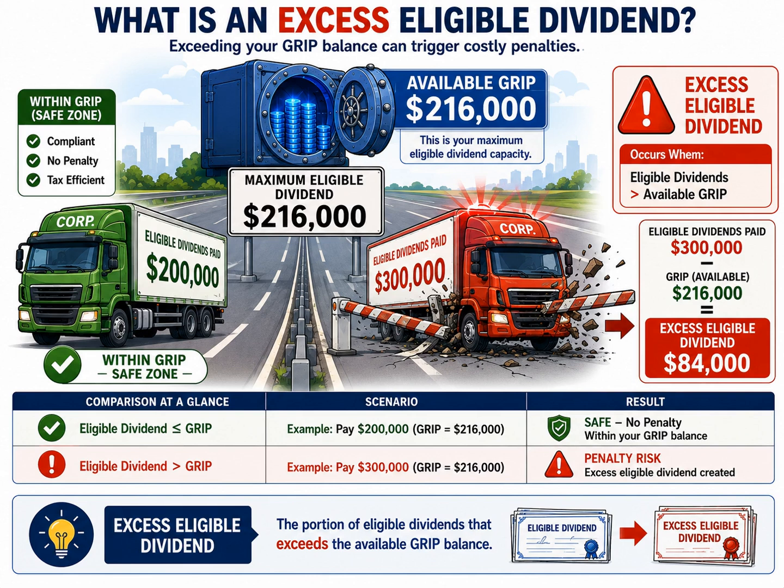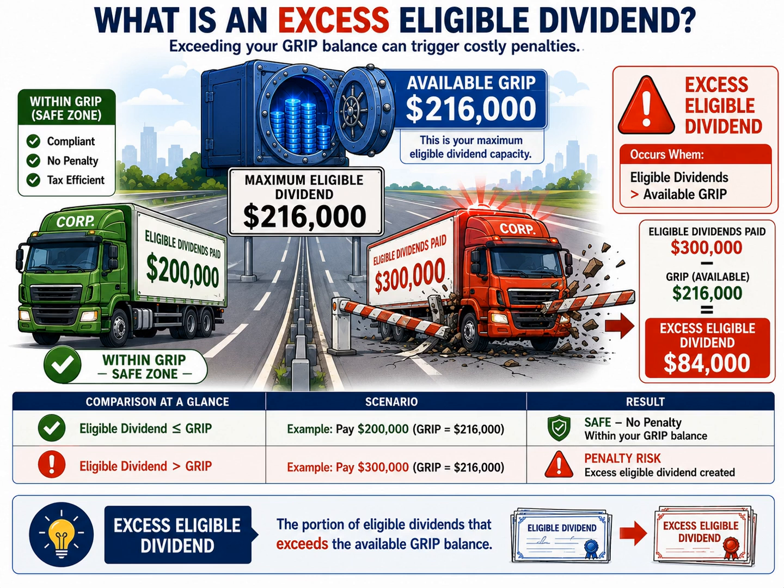To determine the excess, we simply compare the eligible dividends paid to the available GRIP balance. $300,000 of eligible dividends minus $216,000 of GRIP equals an excess eligible dividend of $84,000. That $84,000 is the amount that creates the problem.